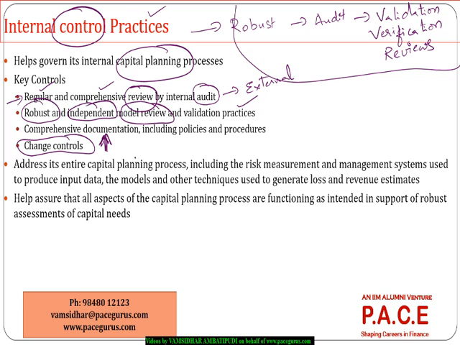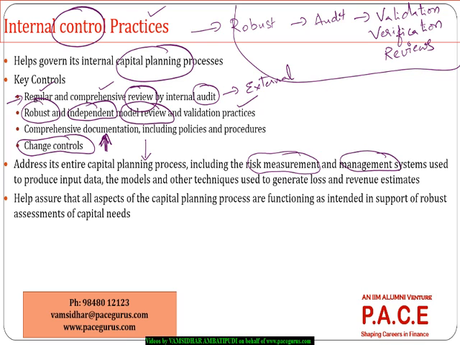So, from a BHC's perspective, it should be able to address the entire capital planning process. The governance rules or probably the control practices should really address all the elements of the capital planning process. So there should be policies and procedures regarding the risk measurement.